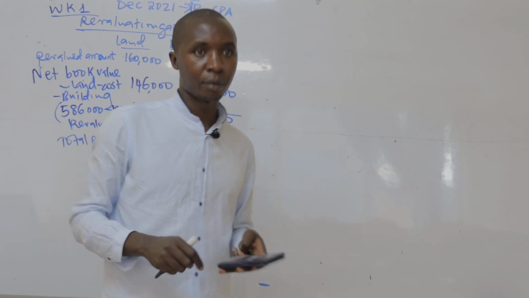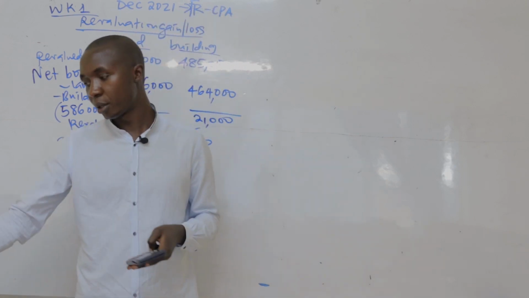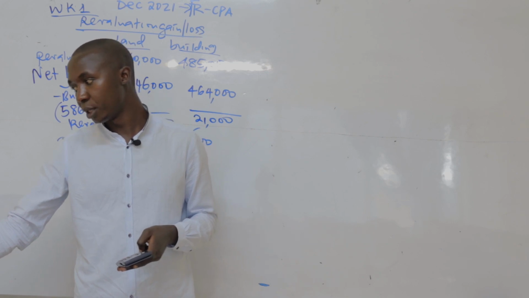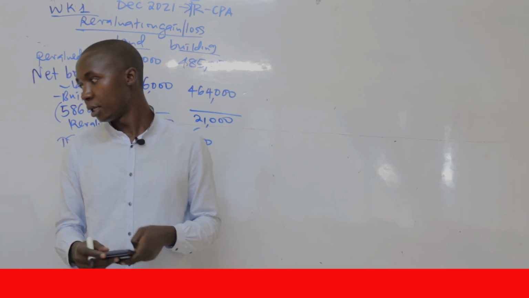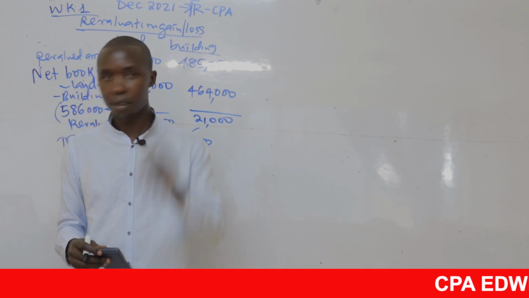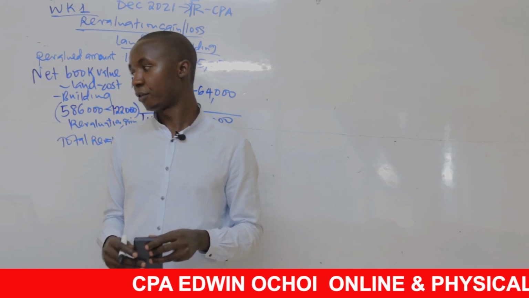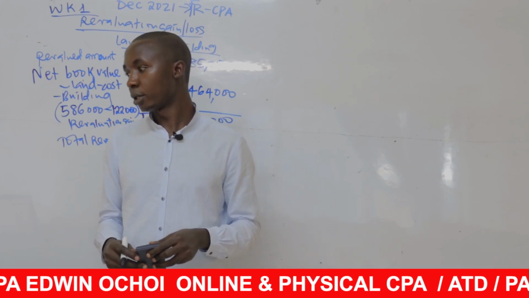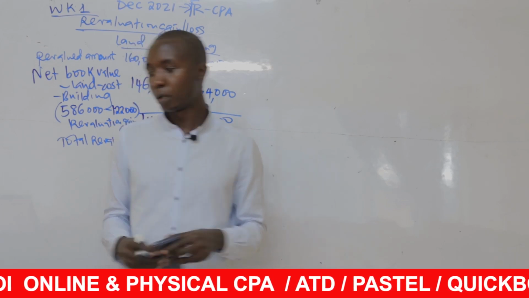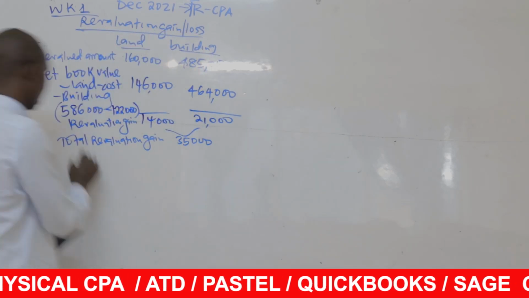Then in the same additional information number 1, after revaluation of the building, you were told in the second last sentence in note 1 that the remaining life of the building as at that date was 25 years. Which means that you can get depreciation.